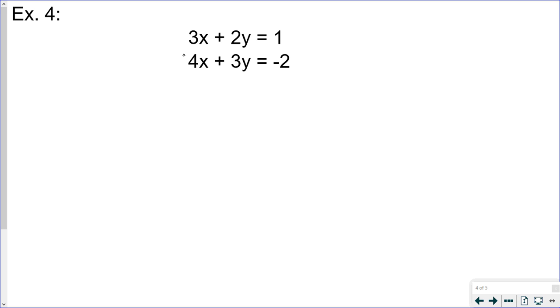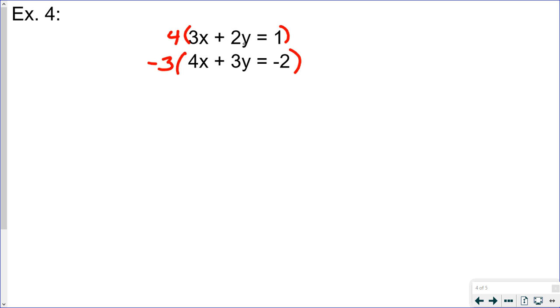So if I want to cancel out the x's, I'm going to make one of these x's a positive 12x and the other one a negative 12x. And then when I add them together, they'll cancel out. So let's multiply this one by -3. And let's multiply the top one by positive 4. That'll give me a 12x and a negative 12x.